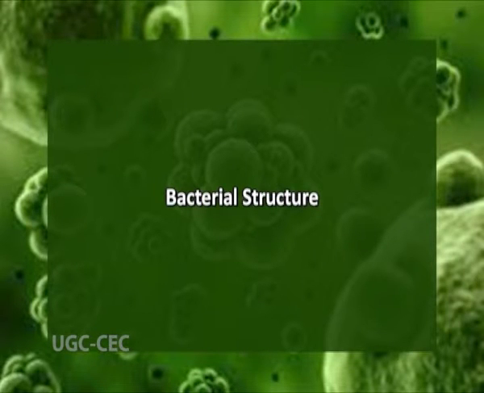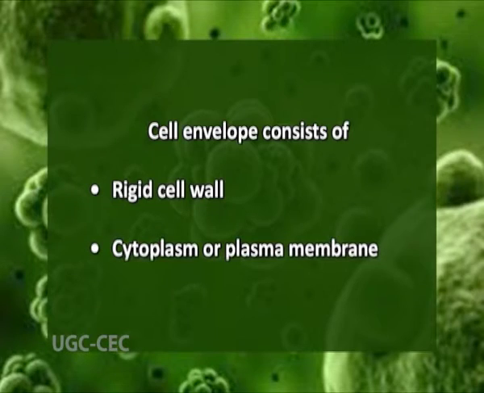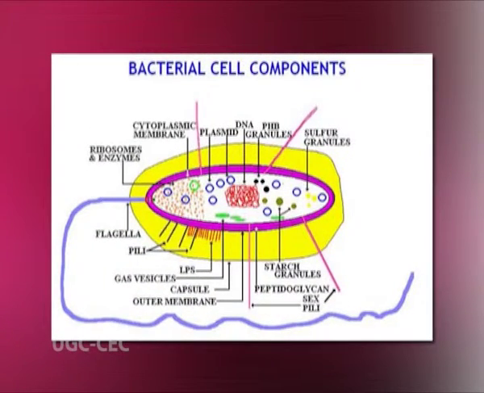Bacterial structure. The outer layer or cell envelope consists of 2 components, a rigid cell wall and beneath it a cytoplasmic or plasma membrane. The cell envelope encloses the protoplasm comprising the cytoplasm, inclusions such as ribosomes and mesosomes, granules, vacuoles and the nuclear body.